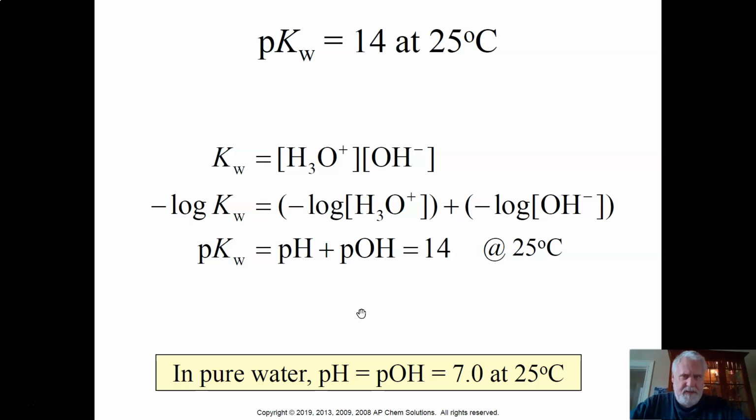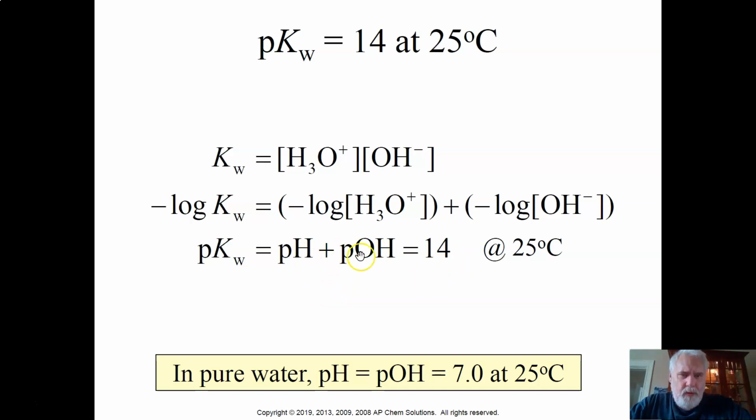Now, here's something, a good conclusion to make here. So if we know Kw equals 1 times 10 to the minus 14th, if you just do negative log of everything, then if this was pure water, you'd have 7 plus 7 equals 14, which of course is a true statement.